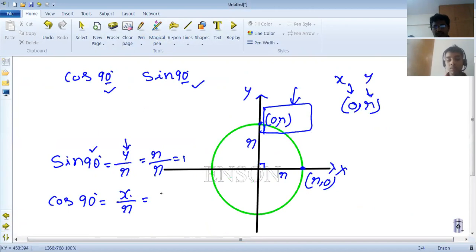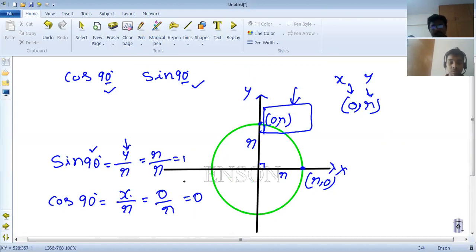The x coordinate value is 0 from this point, correct? So 0 by r, and 0 by anything will be 0. So sine 90 is equal to 1 and cos 90 will become 0.